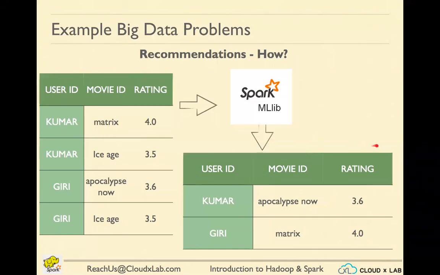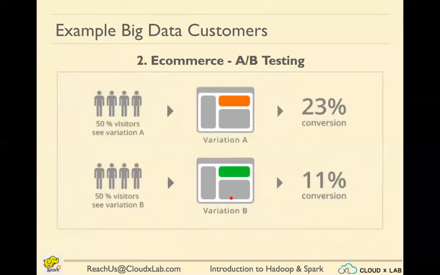All right, now the second use case in the e-commerce industry is A/B testing, testing variation A against variation B. In e-commerce, if you take a look at Amazon, different mobile apps have slight variance.